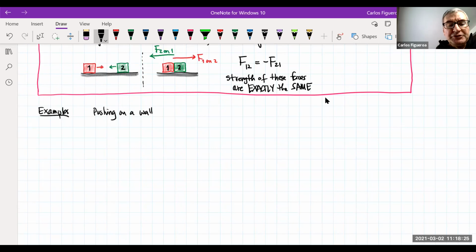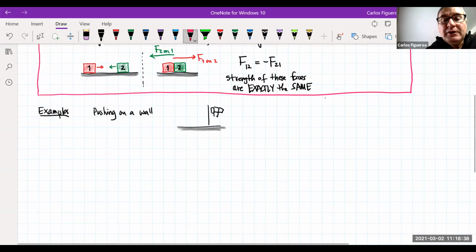What I mean by that is, imagine a wall, maybe a brick wall, with a certain number of red bricks, and then you have some guy or girl that's pushing on the wall.